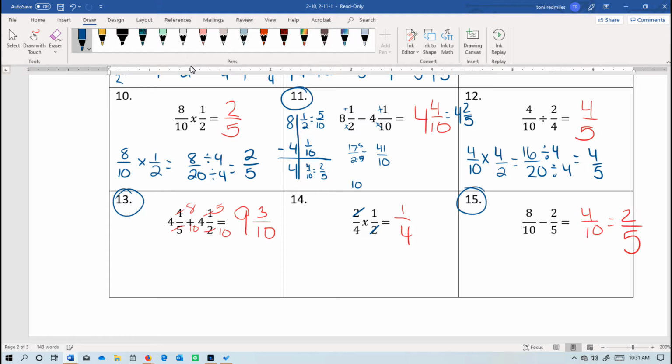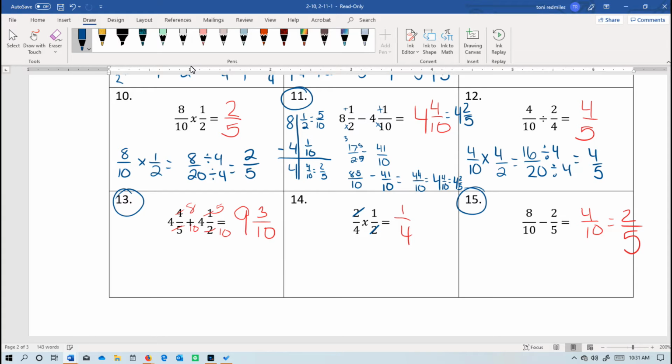It's going to give me 10, and that's going to be 85. All right, subtract 41 from 85, and we're going to get 44 over 10. 10 can go into 44 4 times with a remainder of 4, reduce that fraction down to 2/5.